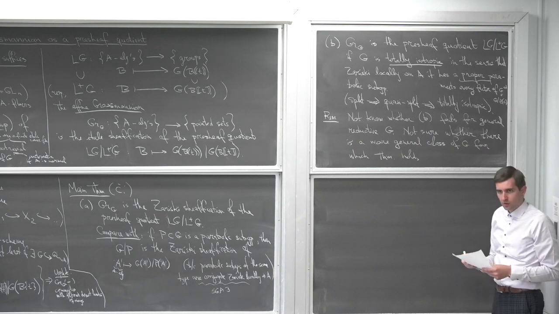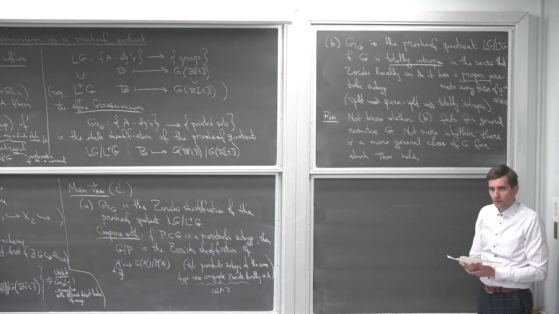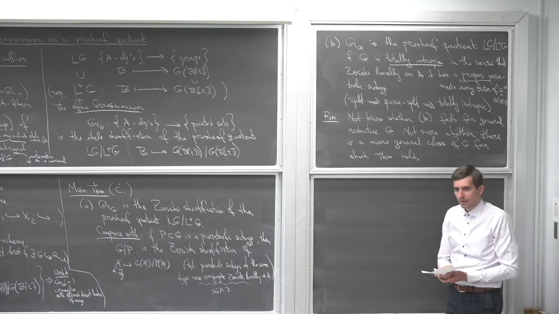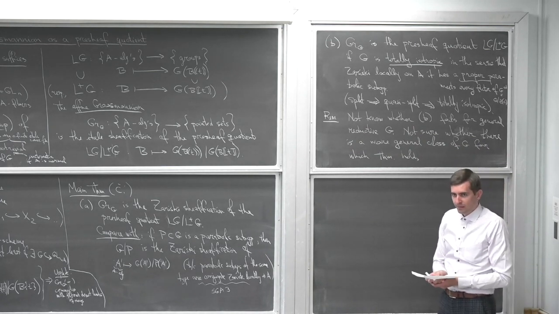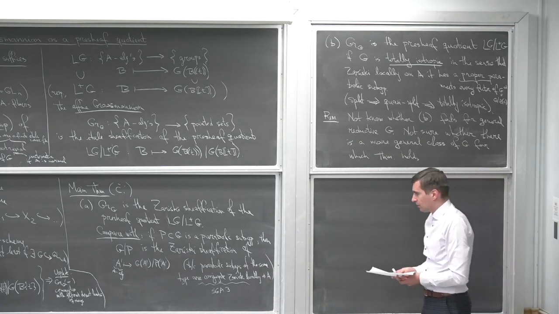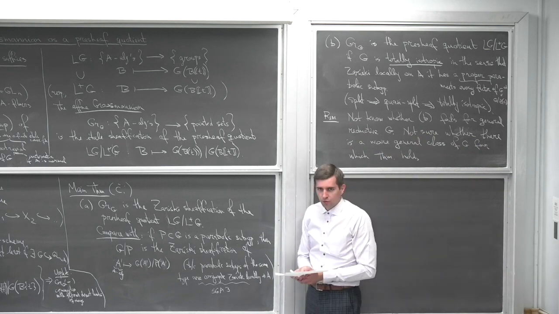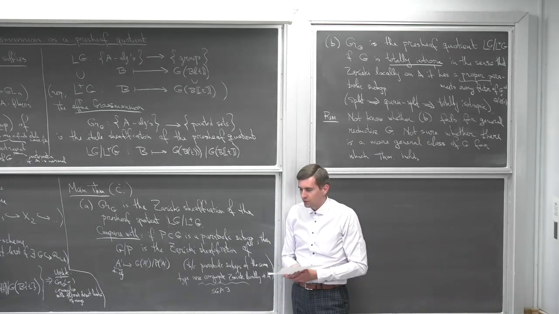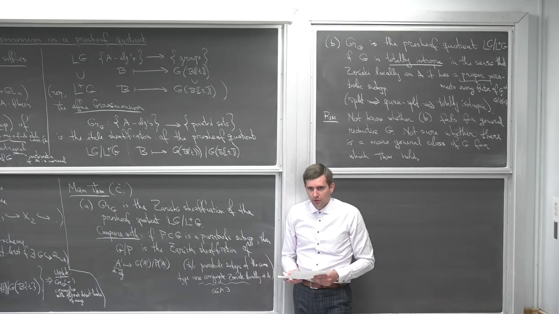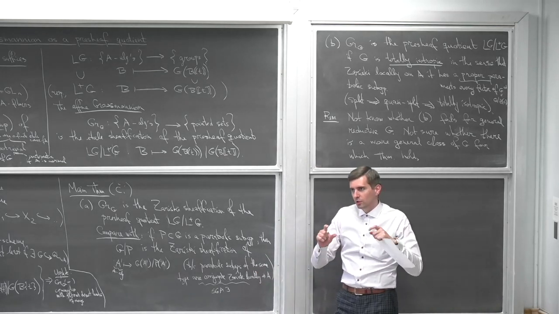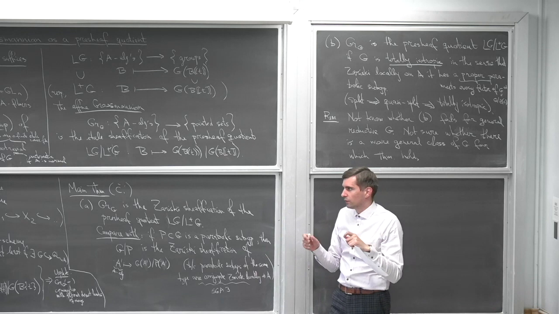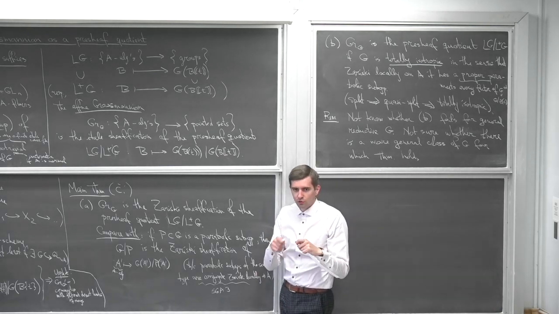That's a very naive question. In the case of GL_3, the 2+1 parabolic and its opposite are non-conjugate. Are those of different types? No, they are actually conjugate. Yes, they are of the same type, right? The types in GL_N are just, you have your n, which is 3 in your case.